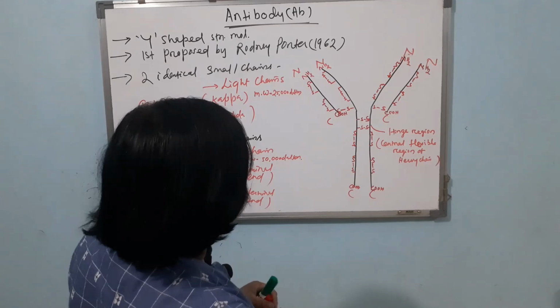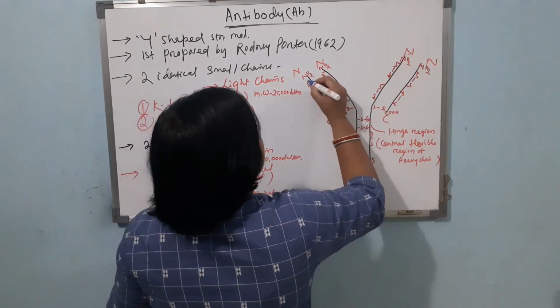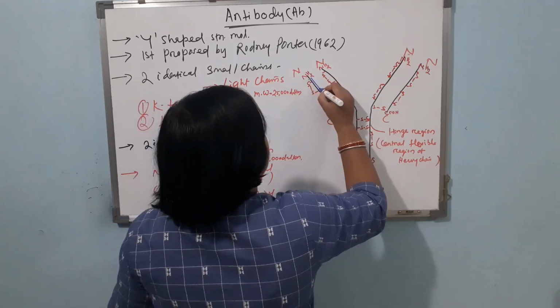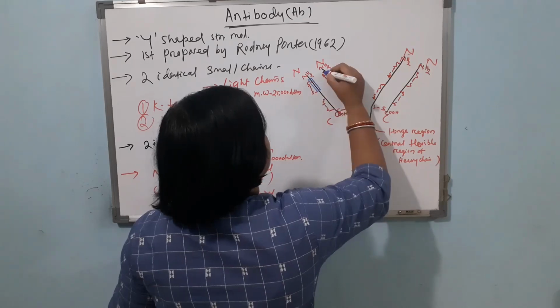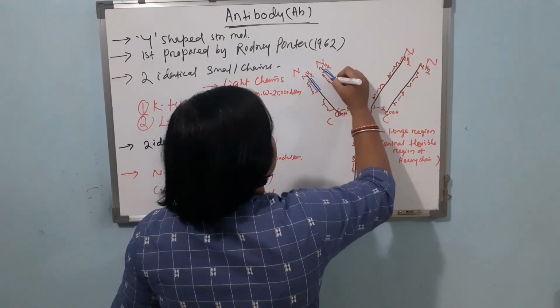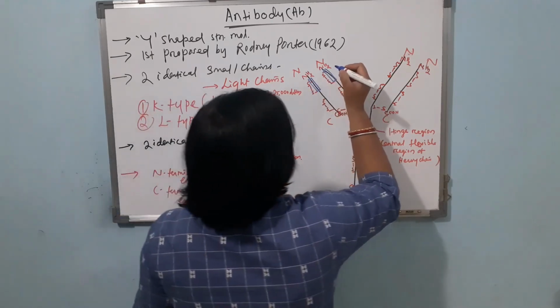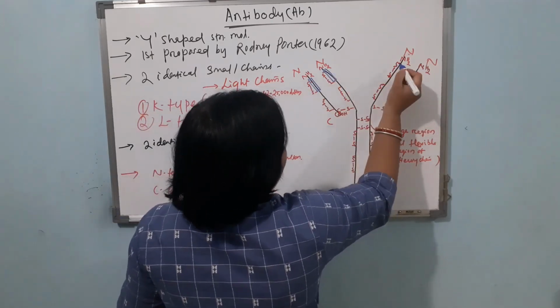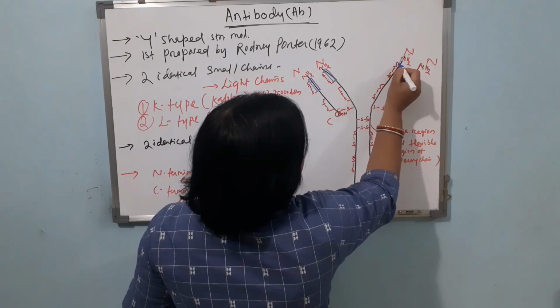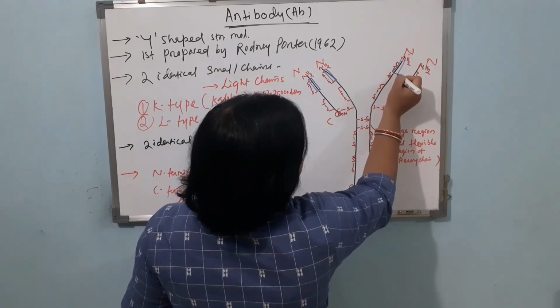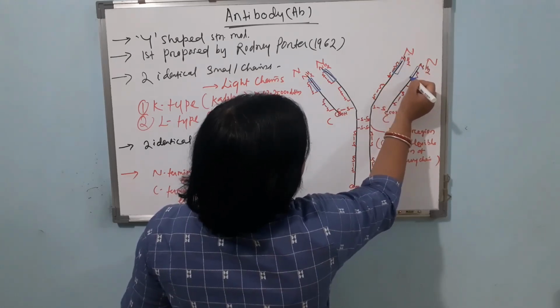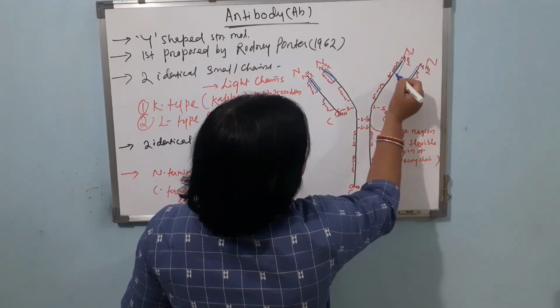First we will mark it. So, variable region you will find at the N terminal region or N terminal site.